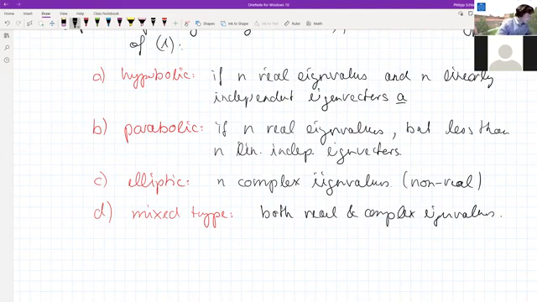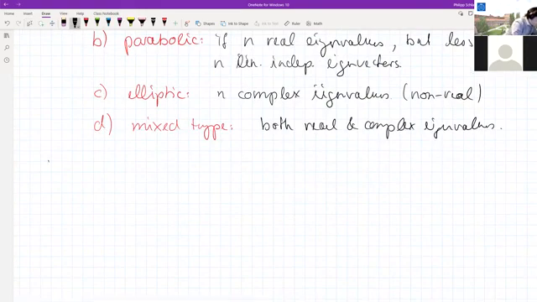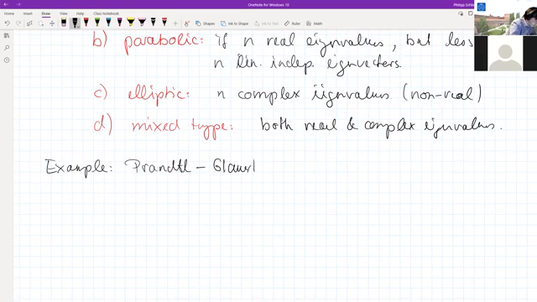Okay, let's do an example, because this was all a little bit theoretical. But let's just do a simple example here to understand what we actually mean with all of this. Since we're doing fluid mechanics, I chose an example from fluid mechanics, and that is the Prandtl-Glauert equation.